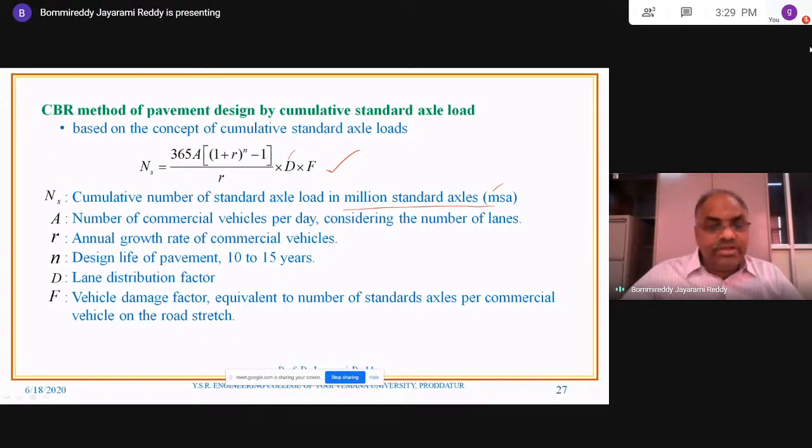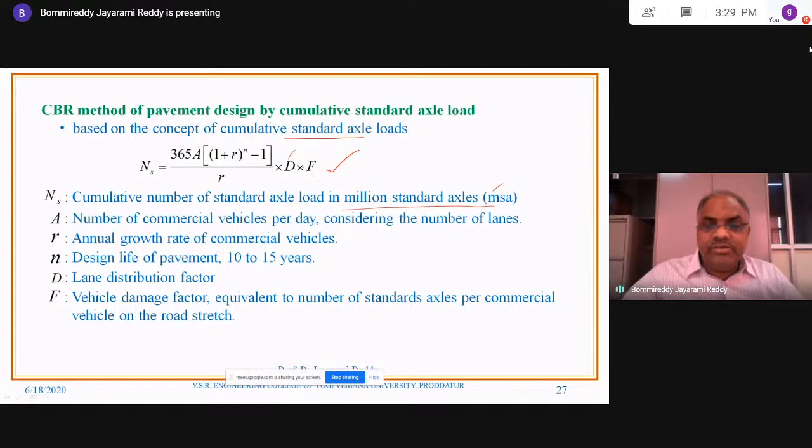F is the vehicle damage factor. This formula is used for computing the cumulative standard axle load. If the wheel loads are more than the standard axle load, then the damage factor will be more than 1. If the wheel loads passing on the highway are less than the standard axle, then the F value will be less than 1.